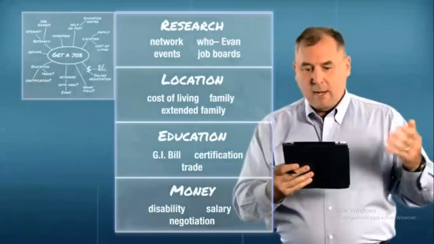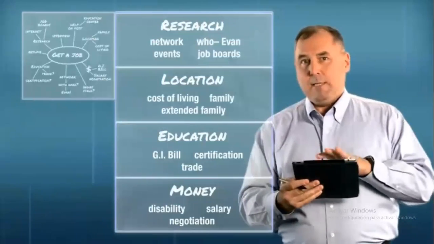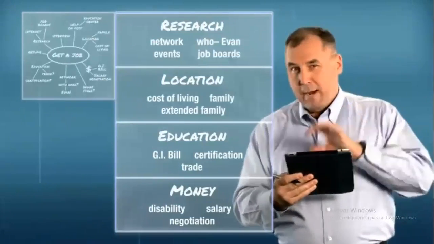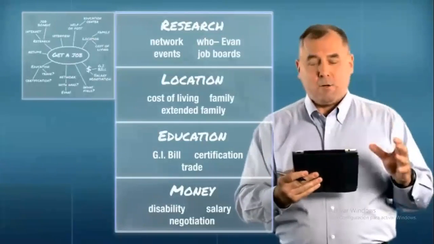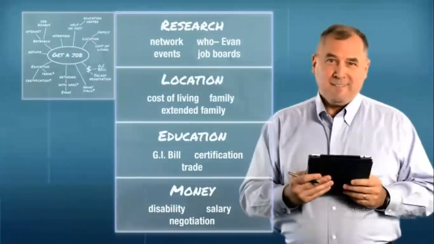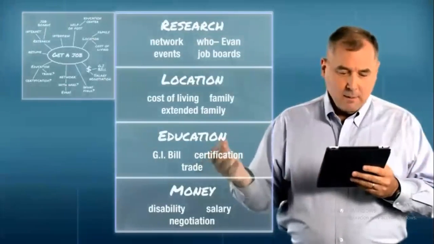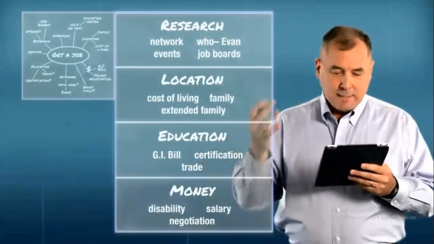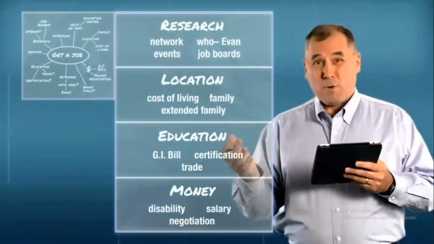Okay, well now you can see that in a couple of minutes, I was able to generate some ideas. Then I was able to go back and look at what I had written down and organize it into categories. Let me give you one more step, and this is a bonus. You can prioritize these things. For me, the first thing I would think about is what I need to support the family.